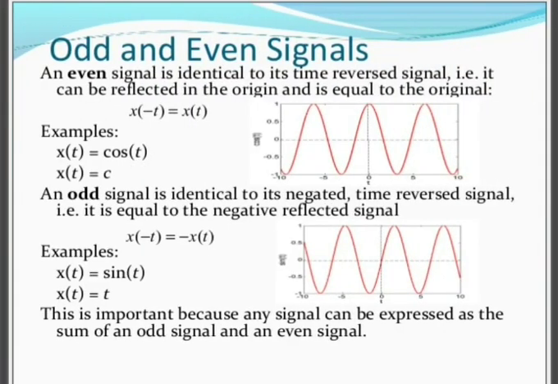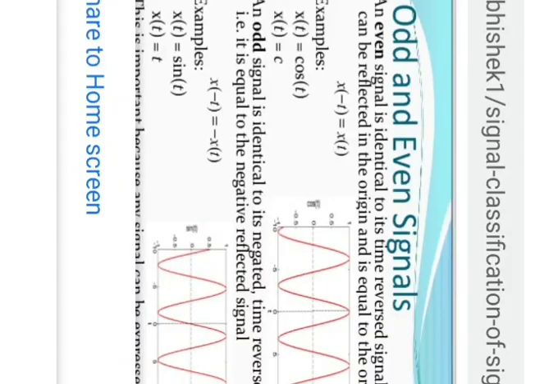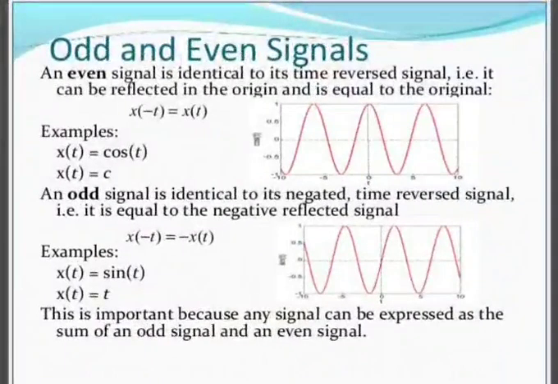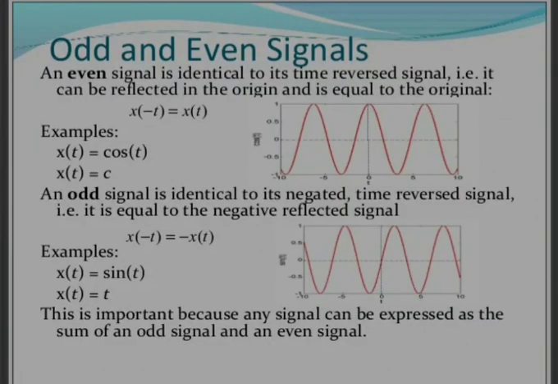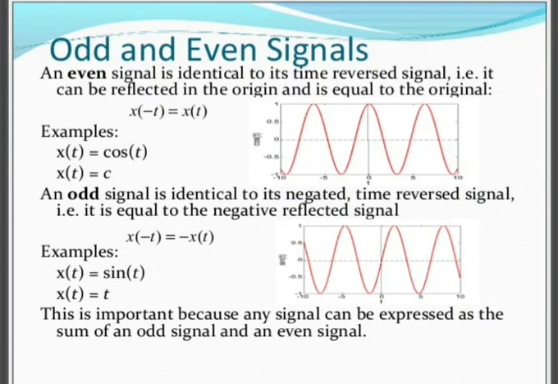Next is the even and odd signals. An even signal is identical to its time reverse signal, that is, it can be reflected in the origin and it is equal to the original.